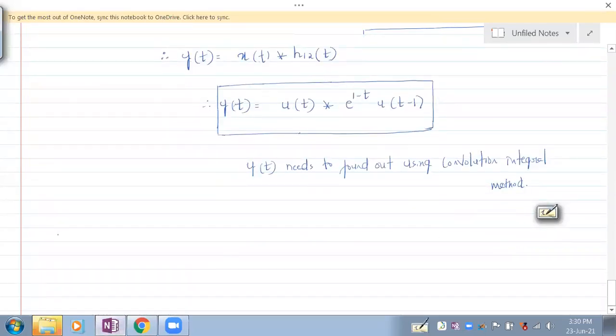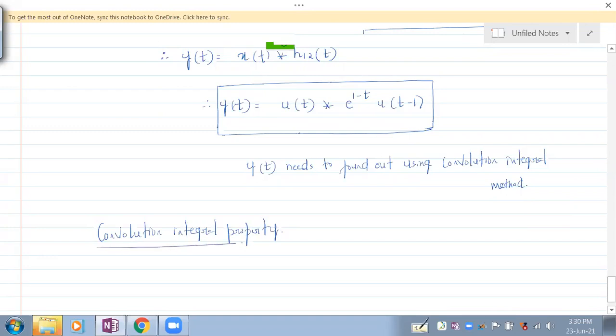Fine, in the convolution integral properties, what is being told is this. The first ones are the associative, commutative, and distributive properties.